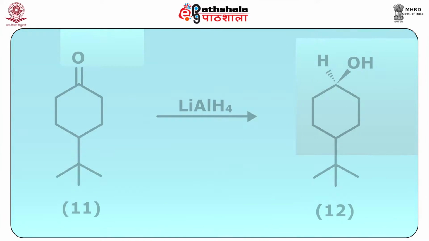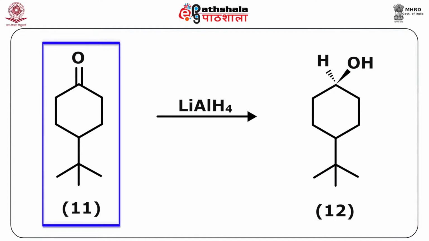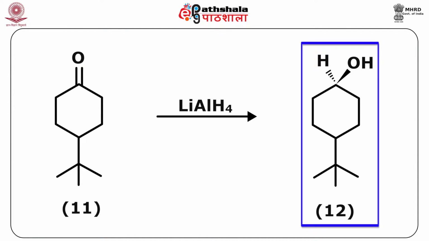When the products are diastereomers, they may be either optically active or racemic. Confusion arises when a reaction gives two achiral diastereomers. For example, reduction of 4-tertiary-butylcyclohexanone, as shown in figure 11, to cis and trans 4-tertiary-butylcyclohexanols, as depicted by structure 12.